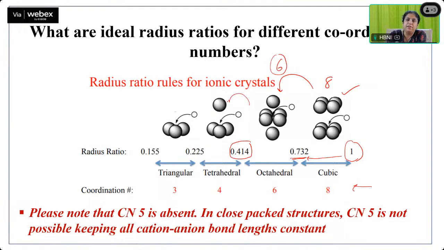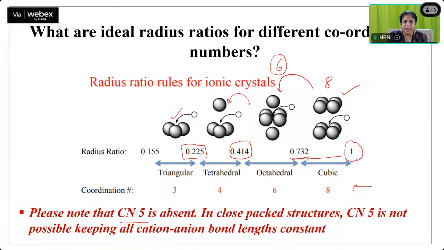We move to the tetrahedral regime, which persists till a radius ratio of cation to anion of 0.225, and beyond that it is able to accommodate only 3 anions. This is how the radius ratio has been defined. And if you note, coordination number 5 is absent, coordination number 7 is also absent.